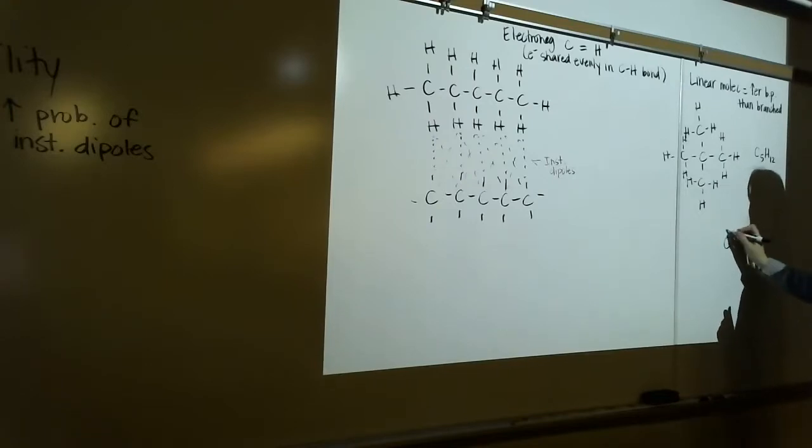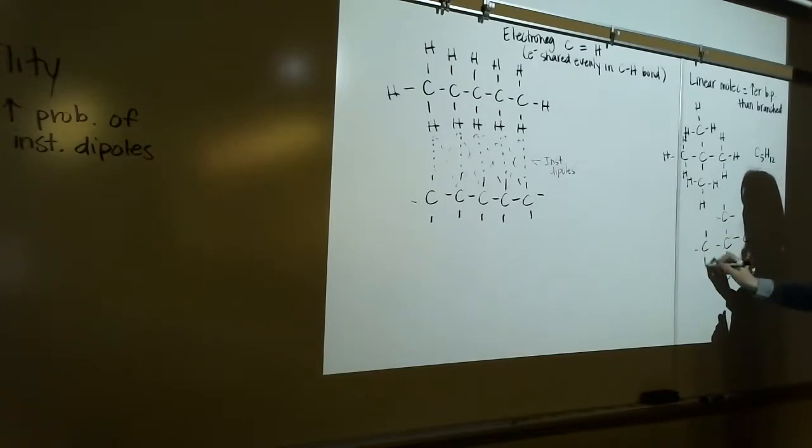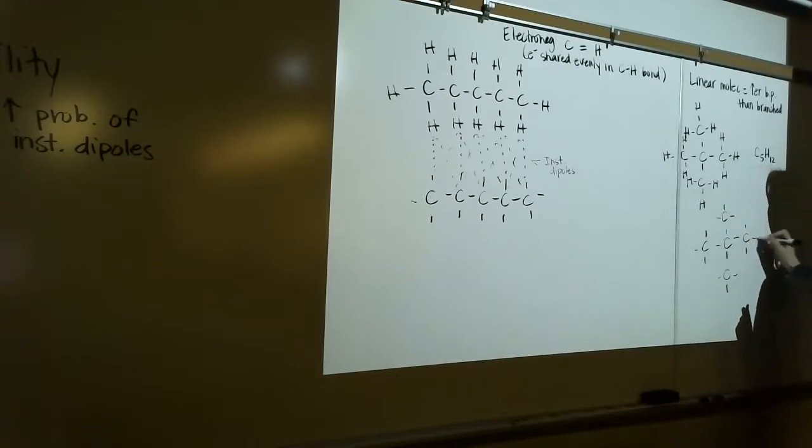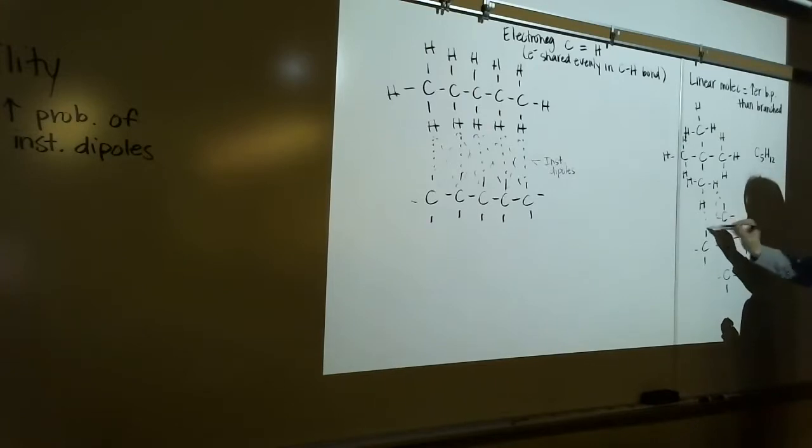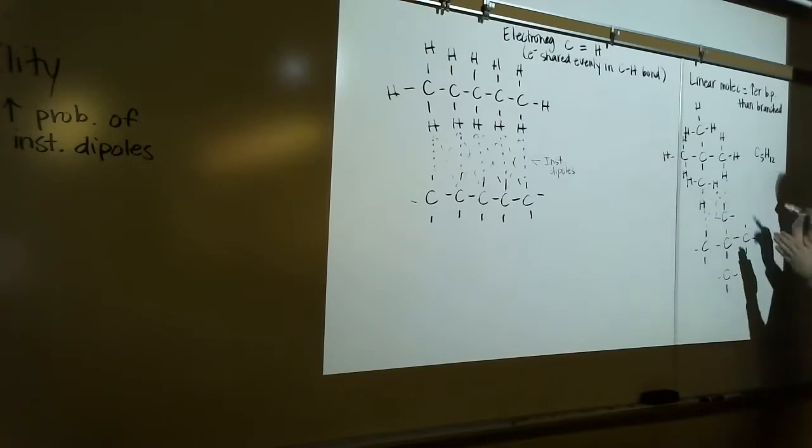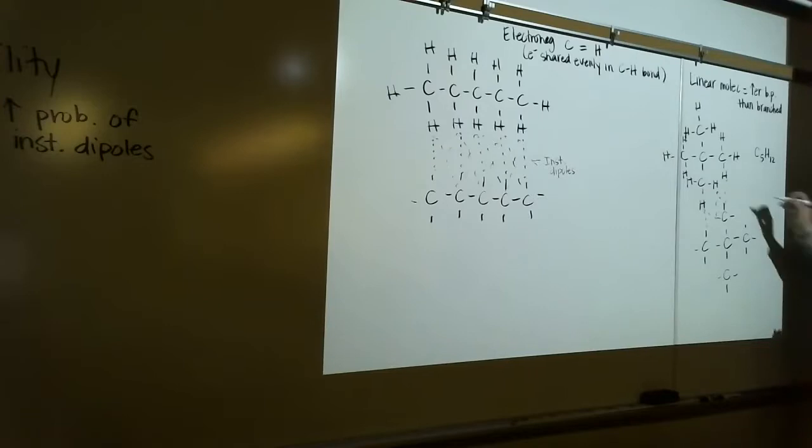Now, if one of its colleagues is in close proximity, branch, branch, branch, you don't have that much opportunity for those instantaneous dipoles, right? You've got a lot less instantaneous dipole going on because they're not in as close proximity.